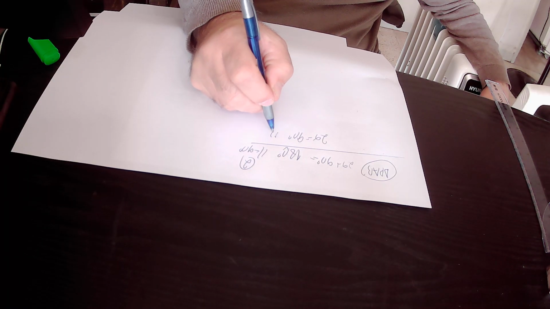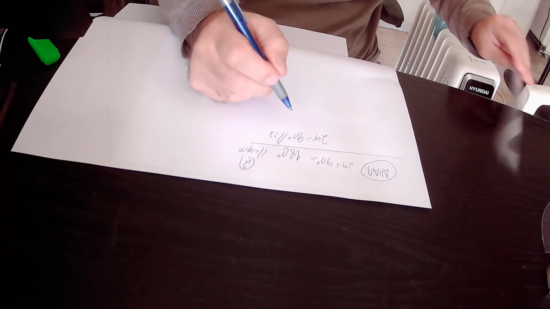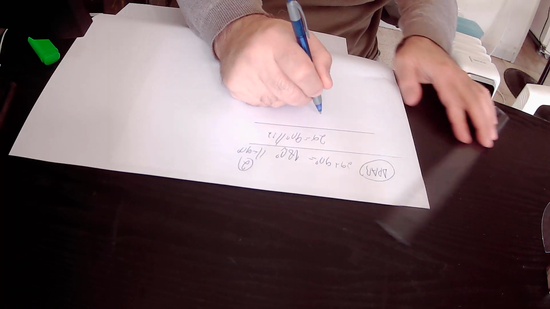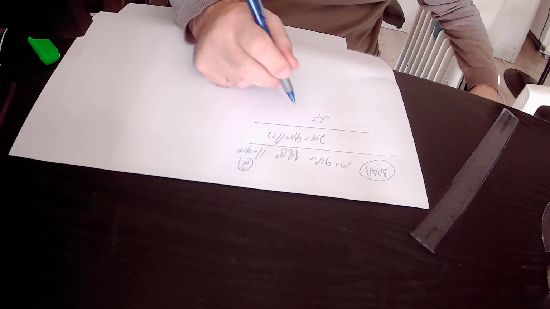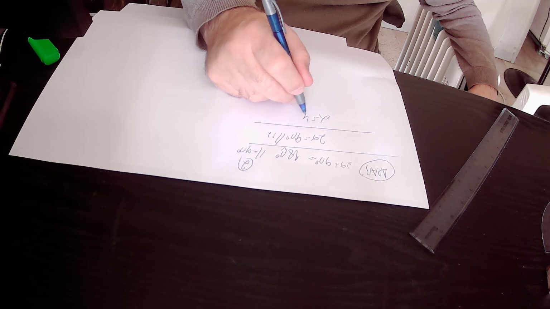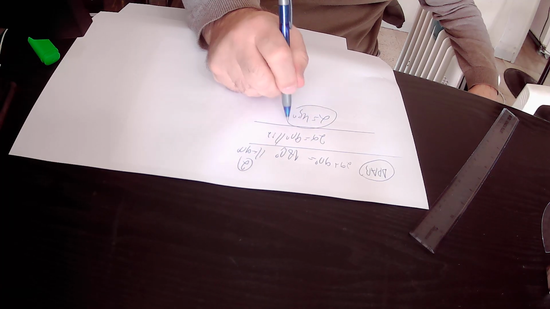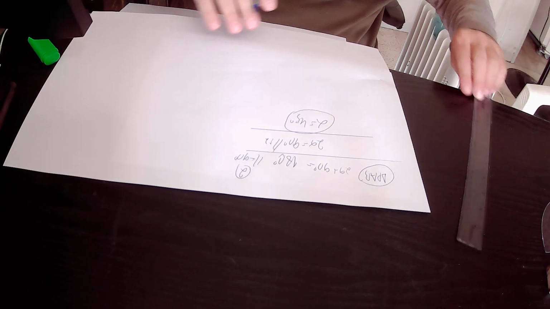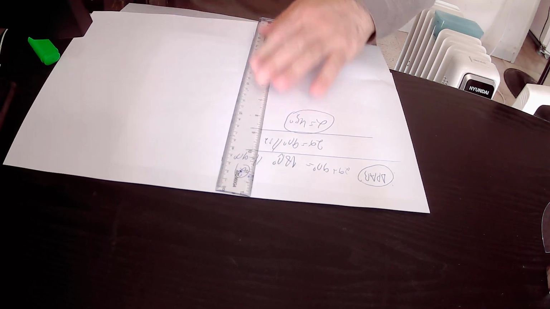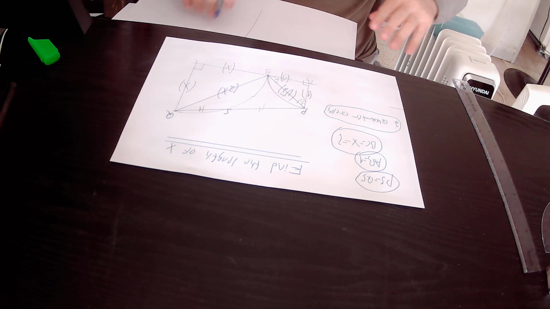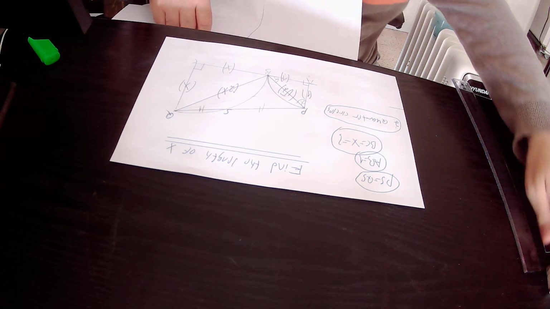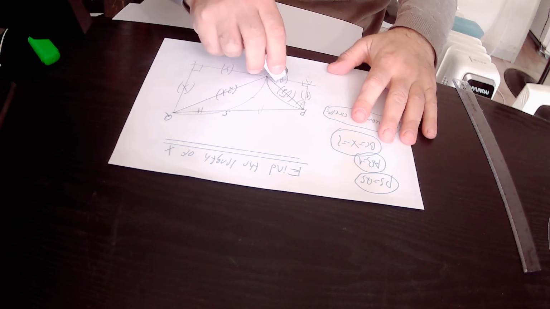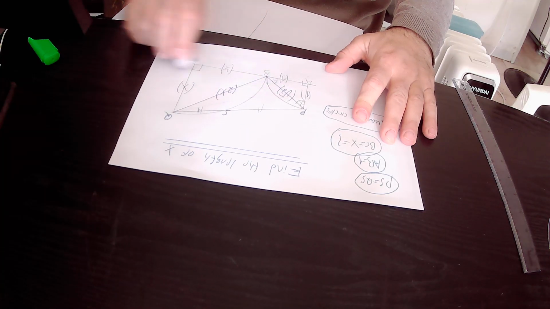Here we divide this equation by 2, and finally we get that alpha equals 90 degrees over 2, that is 45 degrees. So actually, this is angle alpha that is equal to 45 degrees in its size.